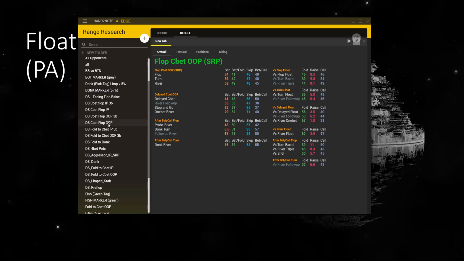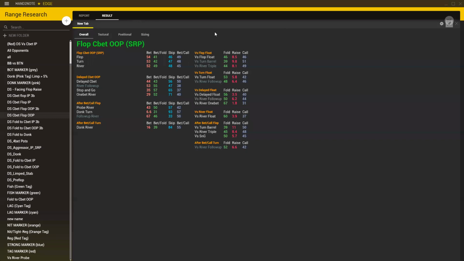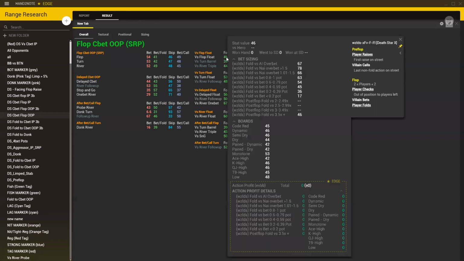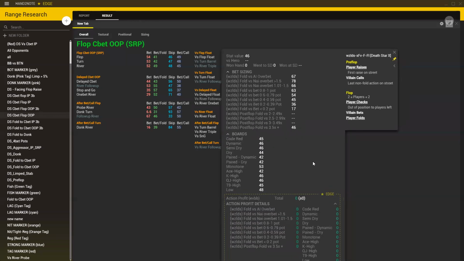So we can see in the top right there, the versus flop float value, 46%. Let's first of all break that down by bet sizing. Now, what we can see is consistent auto profit across pretty much every bet sizing range. So if we have a look at half pot, we have 45% success frequency. Remember, the break-even threshold there will be about 33%.